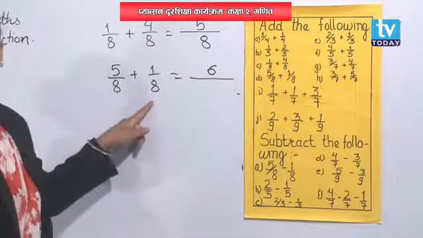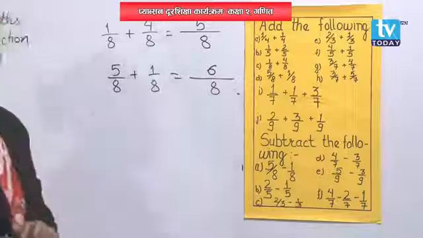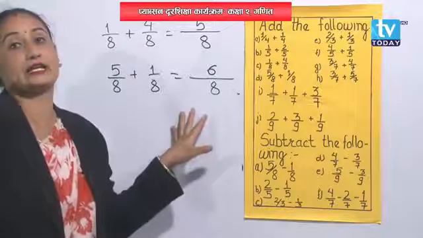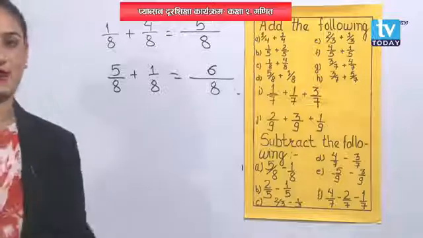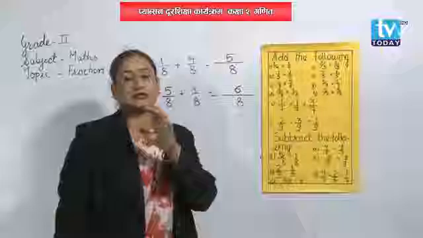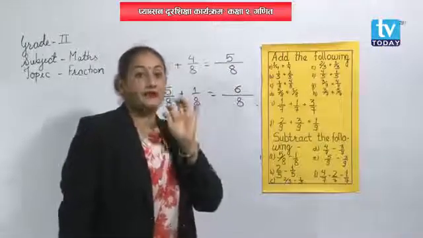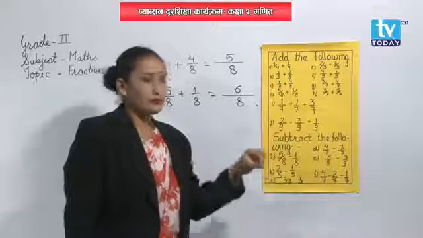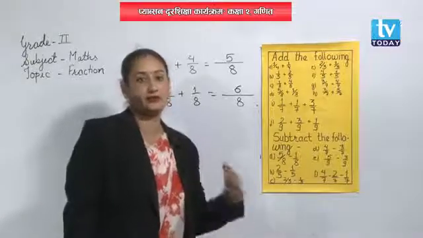From among the two, let's take 8 as the common one. Why do we take only one single common, do you know? Okay, let's have one example. I have one apple, right? From that apple, I cut it into 8 pieces. Your mother kept those pieces on your plate for us.